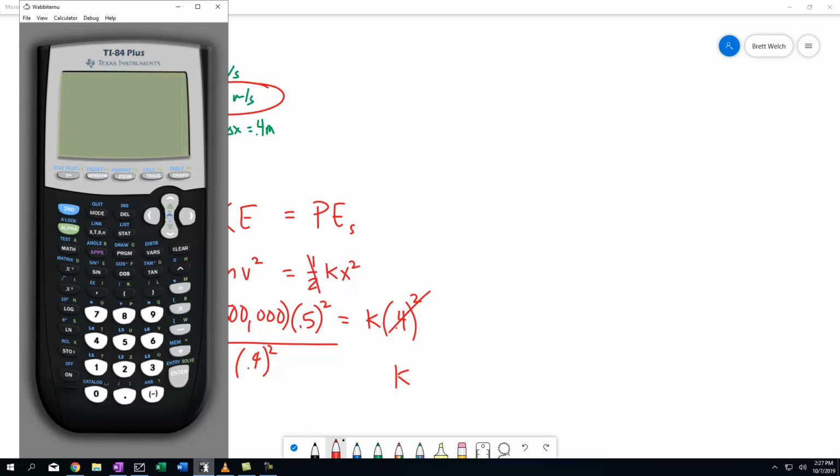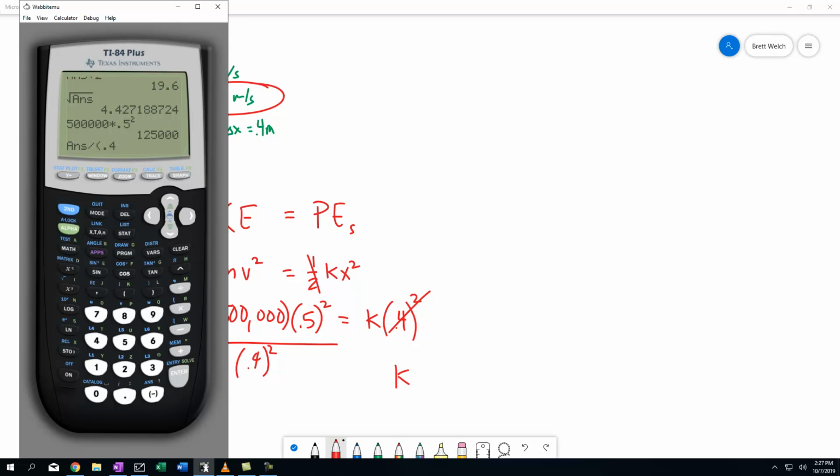When we put this in the calculator, I'm a big believer in taking my time on stuff like this. I'm going to take the 500,000 and multiply it by 0.5 squared to get 125,000. I'm going to divide that by 0.4 squared, using the square inside the parentheses.